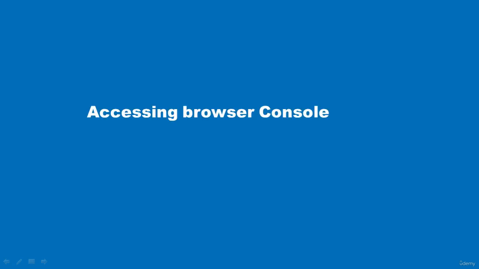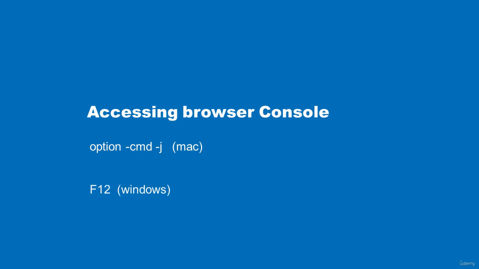You can experiment with JavaScript inside your web browser console. If you are using a Mac, you can access your web browser console by pressing Option, Command, and J once you've got the web browser open. If you are on a Windows-based computer, once you've got the web browser open, you can just press F12.